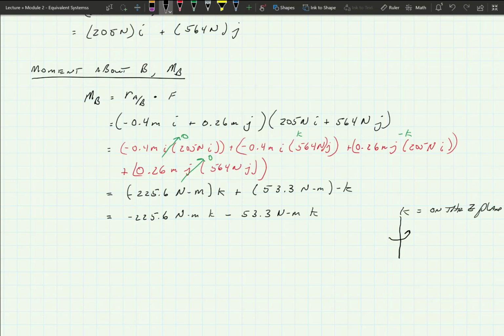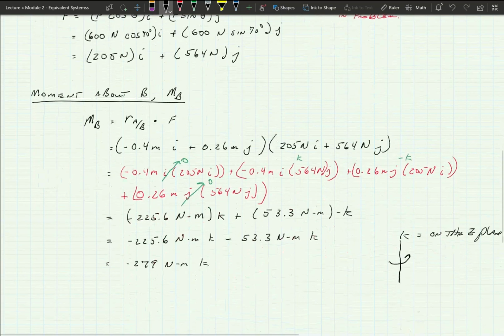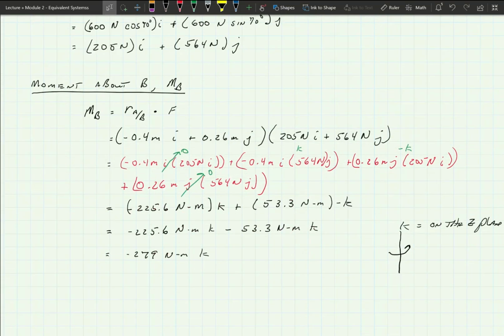We'll deal with that here in a minute. I'm going to go back to the other drawing, but my final answer is negative 279 Newton meters K. Make sure you're seeing what I'm seeing.